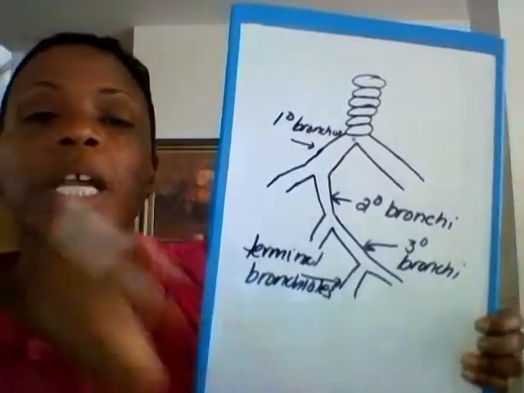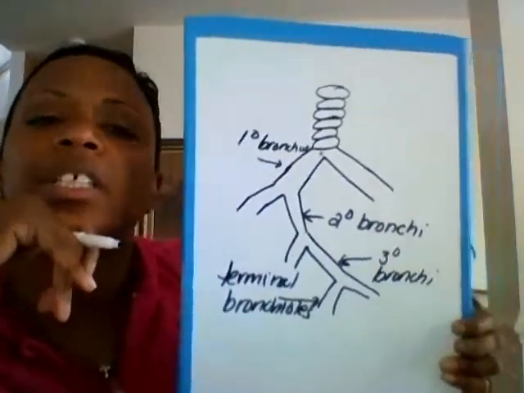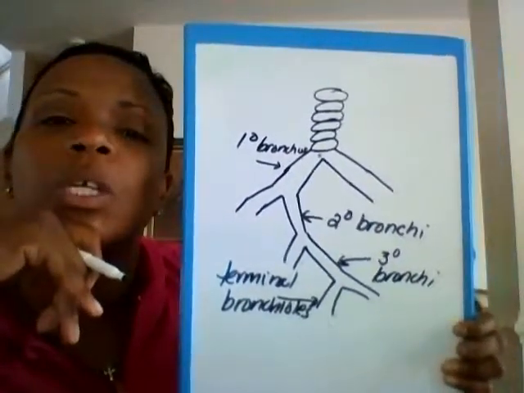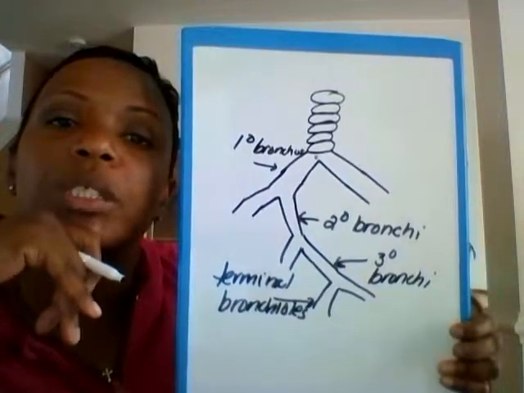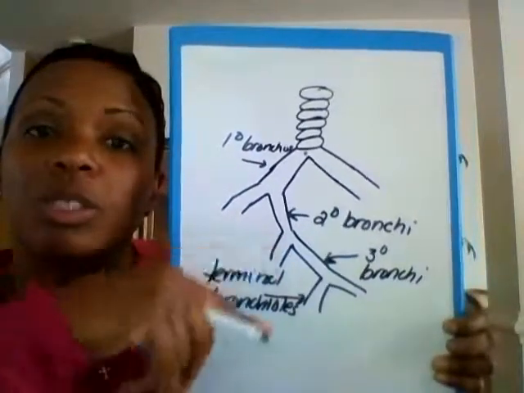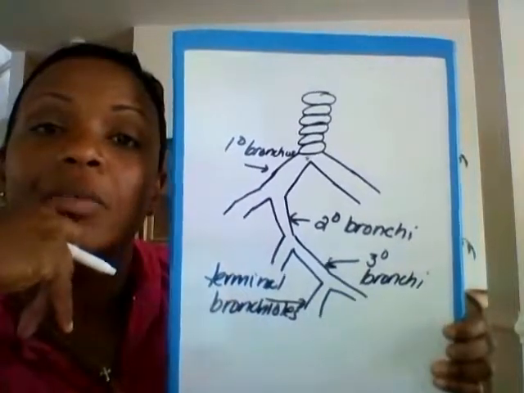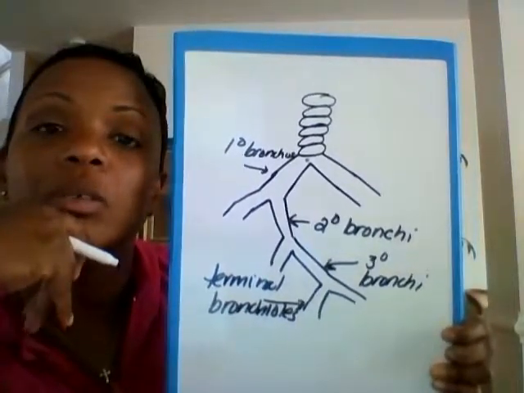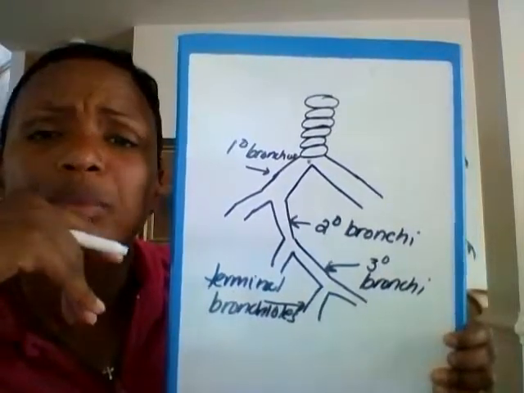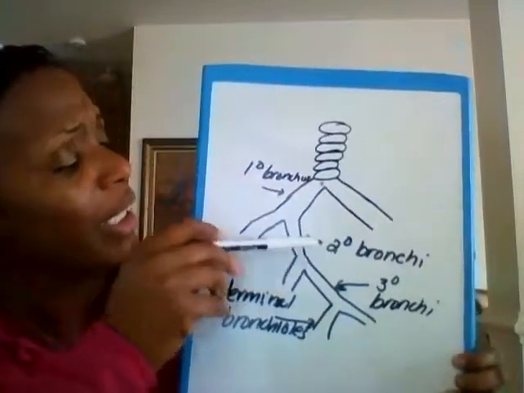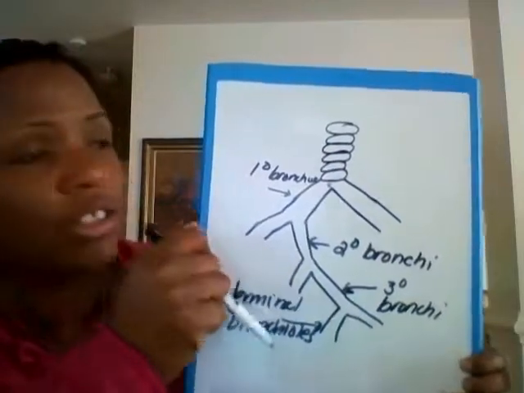Terminal bronchioles. If you haven't done so already, I did post a worksheet, I believe, on the respiratory system. It actually shows this as well, so you can outline and diagram that so that can help you understand a little bit further. Or you can look at it in the PowerPoint presentation. Now, you would think primary, secondary, tertiary to terminal.